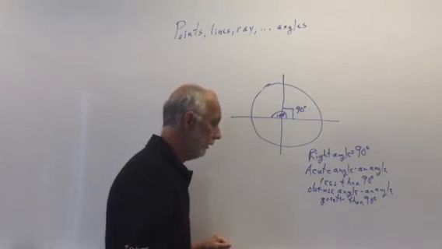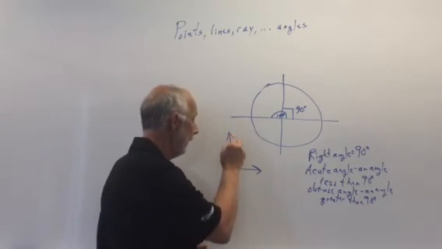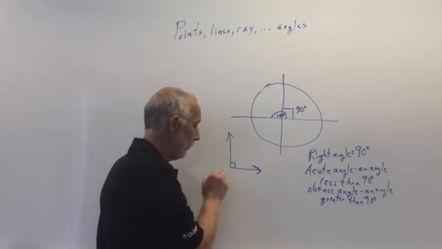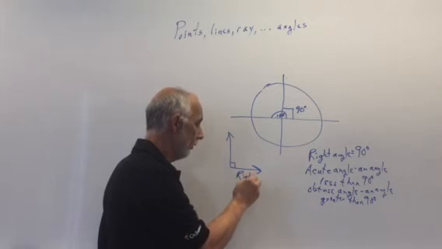And again, a right angle is that L shape. And you normally show it's an L shape by putting a little box there. This is the right angle, which is 1/4 of a circle.